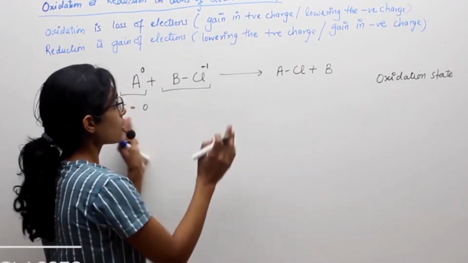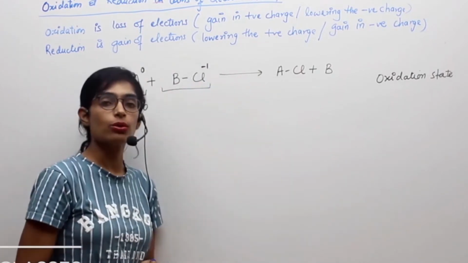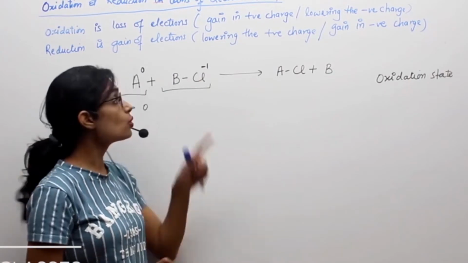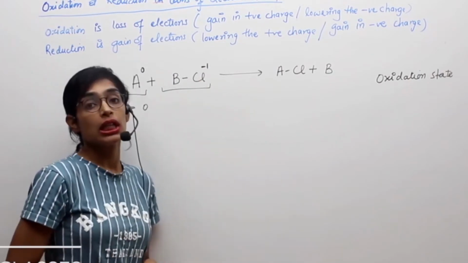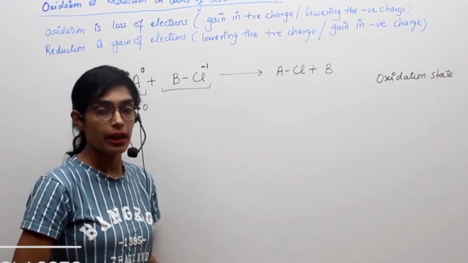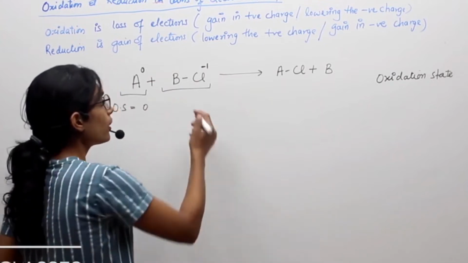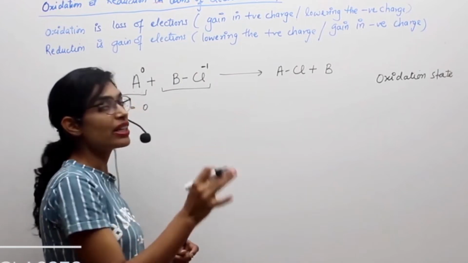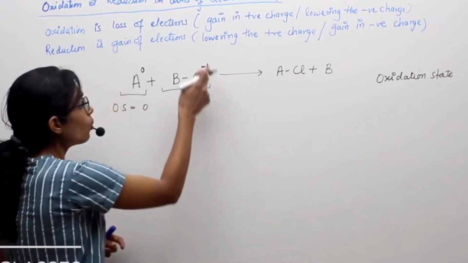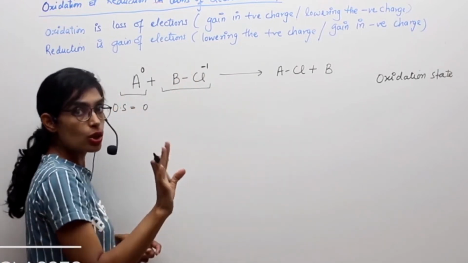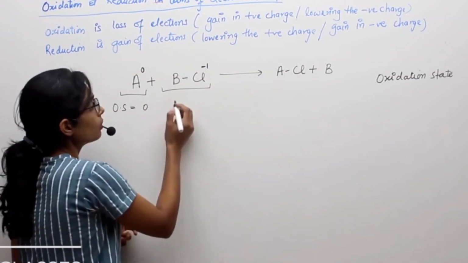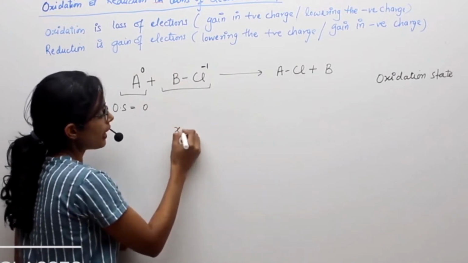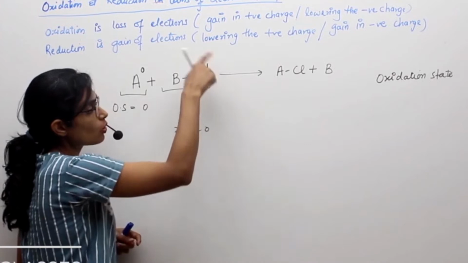Whenever we are doing the reactions, you have to write it this way. Whenever you are trying to figure out reduction and oxidation, you have to mention these oxidation states on the elements or on the species. So chlorine, all of us know, shows -1 valency, or I can say it shows -1 oxidation state. Now overall the molecule doesn't have any charge, correct? So if it doesn't have any charge, that means x minus 1 is equal to 0, no charge on BCl, right?